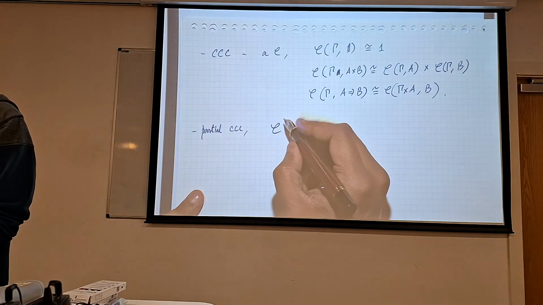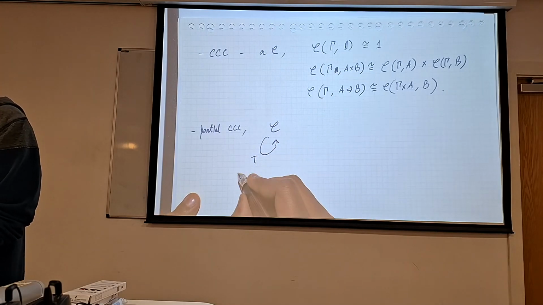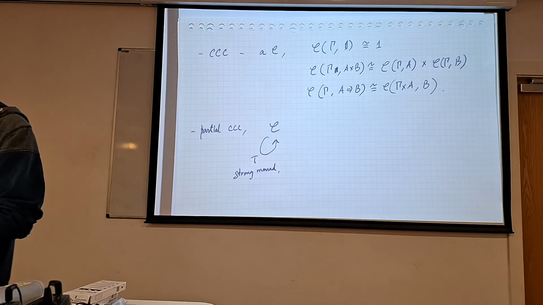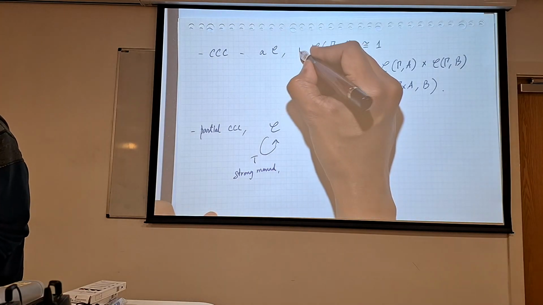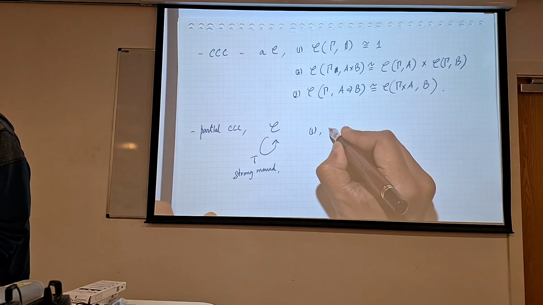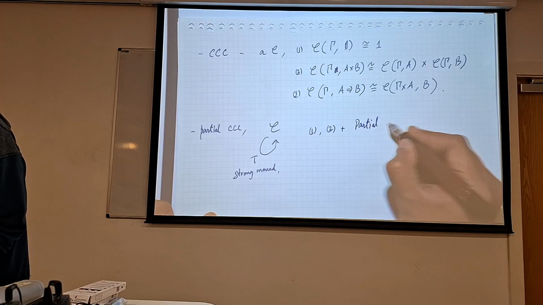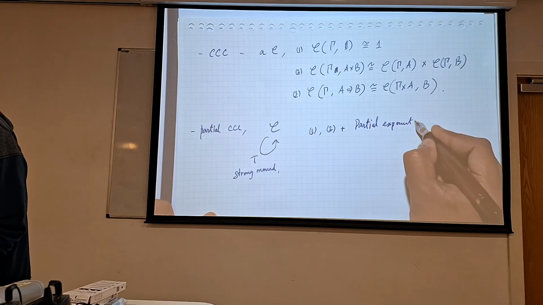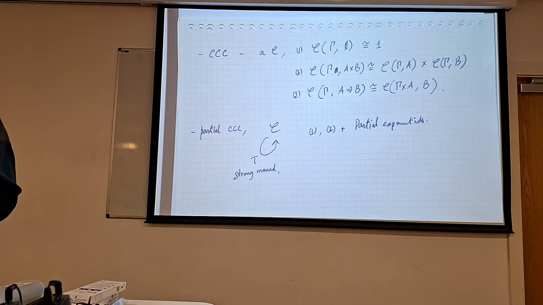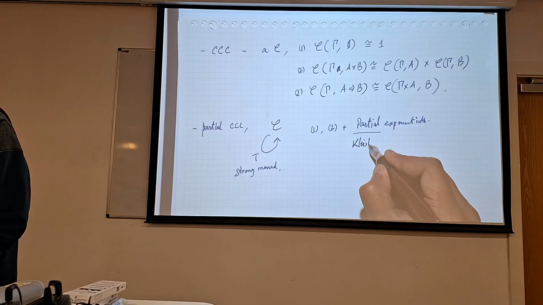The one I'm presenting is a category C which has products, and then there is a strong monad T on C. When they were originally invented in the old papers, they said partial exponentials, but these days we just say Kleisli exponentials.